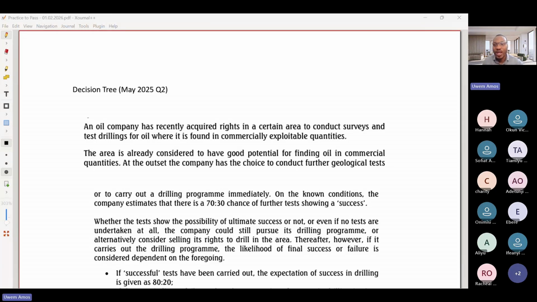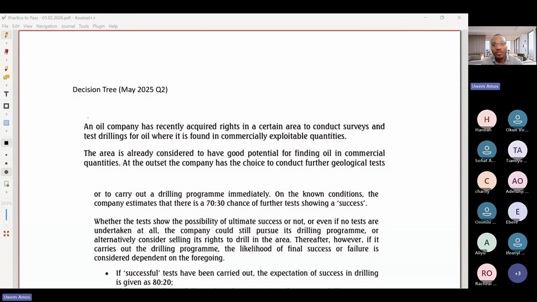The focus with regards to business valuation would be the merger, when a company demerges part of its entity. So let's get right into decision tree.